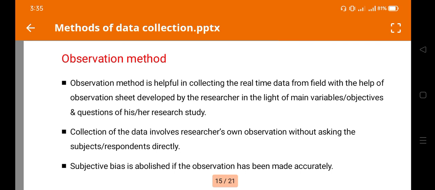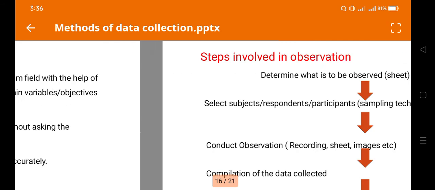Then collection of data involves researcher observation, as already been discussed in the research process, that observation is a very important step. Subjective bias is abolished if the observation has been made accurately.